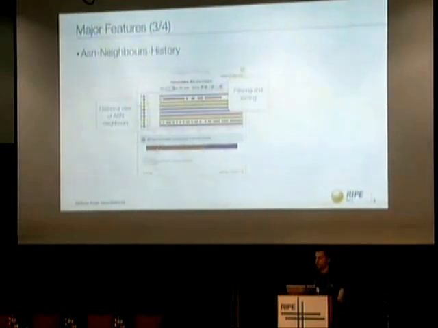What we have done is add history to that data. So over time, you can see which ASs appear to be a neighbor of a specific AS. Together with that widget, we also provide controls, which include filtering or sorting of the data.